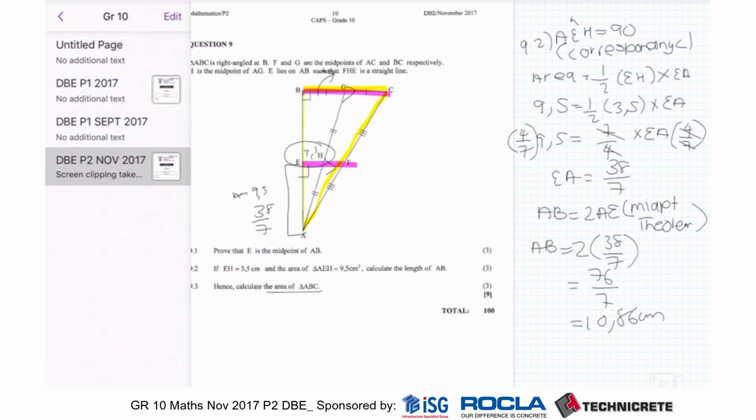Because EH is 3.5, BG is going to be 2 of EH, so it's going to be 7 centimeters. And BG and GC is equal, so BC is equal to 2 times BG, so it's equal to 14 centimeters.